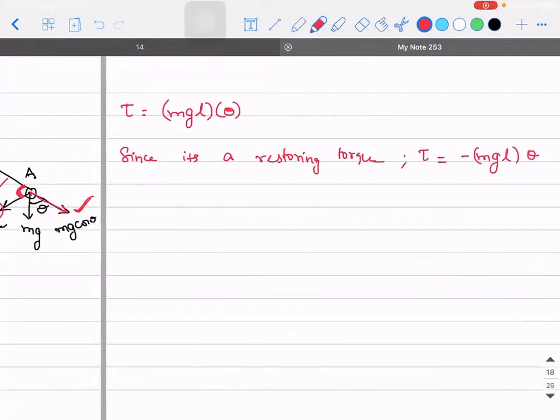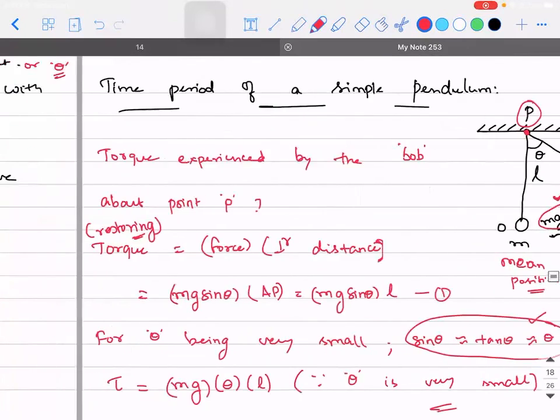I hope you understood why I wrote that minus. The negative sign indicates it's a restoring torque. So torque is equal to minus mgl into theta. Let me call this equation number 2. Listen, let me show, then you can copy it. Concentrate.